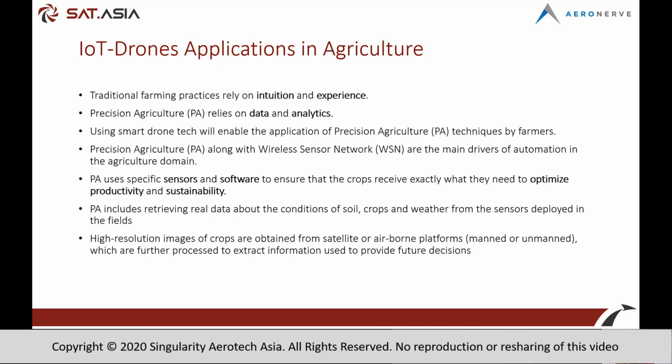Together with another kind of technology, which is the wireless sensor network, you can now apply automation in agriculture.